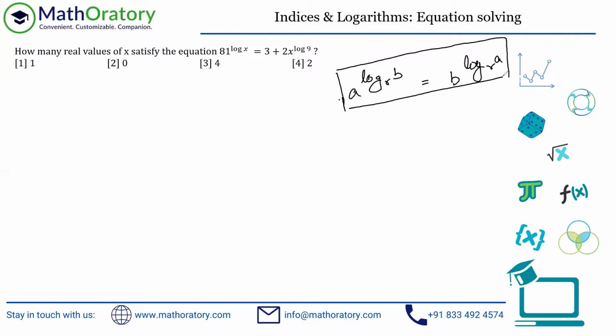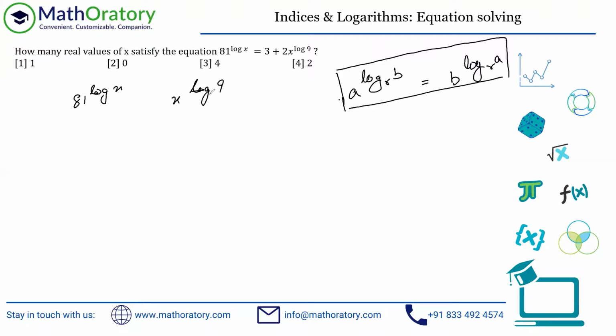So the first thing I'm noticing when I'm looking at this question is the left hand side that we have is 81 raised to log x. And this thing is 2 times x raised to log 9. So I'm focusing on this 81 raised to log x and x raised to log of 9.